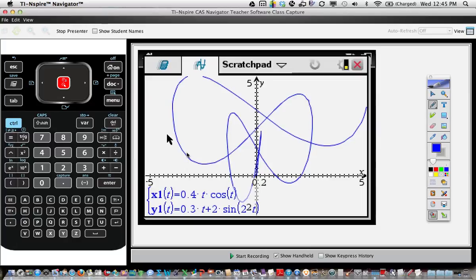All right, now, so here's the path, here's the trail that Adam Ant is walking along, okay?